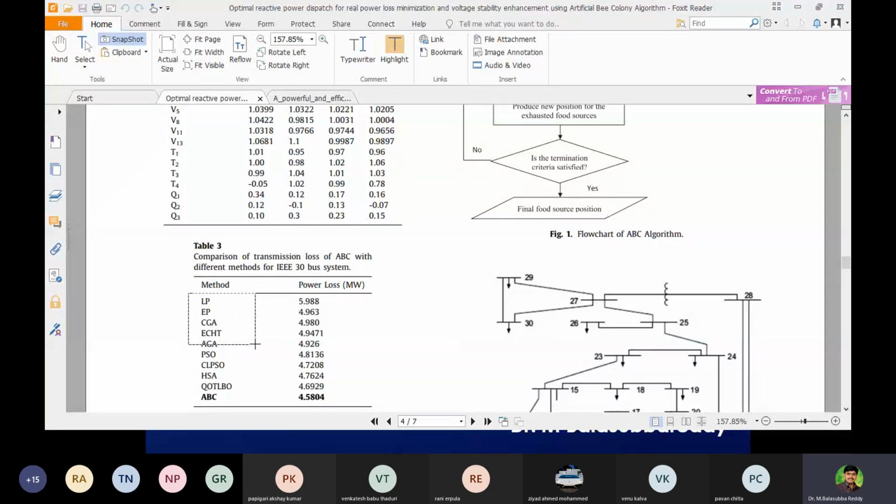These are the conventional algorithms, and some heuristic ones are also there, but when comparing with the rest, the ABC algorithm gives a better solution, 4.58. So this is the best cost, or you can say the minimum loss on the system using the ABC algorithm. That's the conclusion for that particular objective function. So what objective function? Loss minimization.